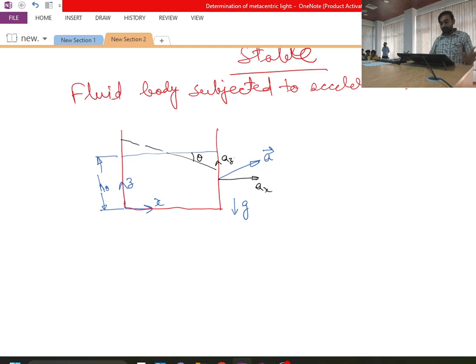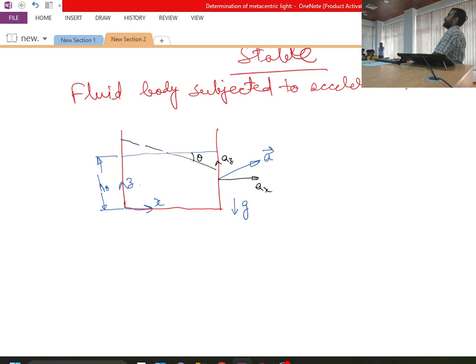Now, if I consider this situation, can you tell me what forces will be acting on this body? First, tell me, will this be a situation of fluid statics, or do we have some sort of transient dynamic thing also? Initially the free surface is horizontal.